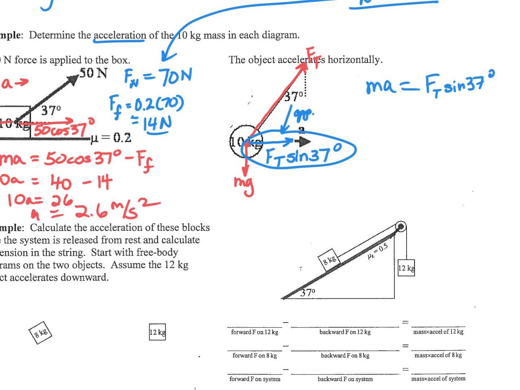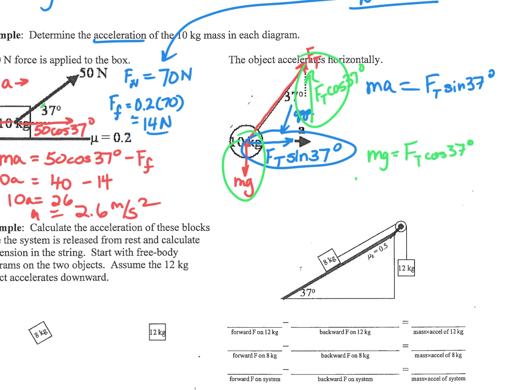Well, I don't know what the force of tension is. So you know what I'm going to have to do? I'm going to have to use the other direction to find that force of tension, because I know M and G. So this is going to be the force of tension times the cosine of 37 degrees. So I'm going to take this and set them equal. So mg equals force of tension cosine 37 degrees.